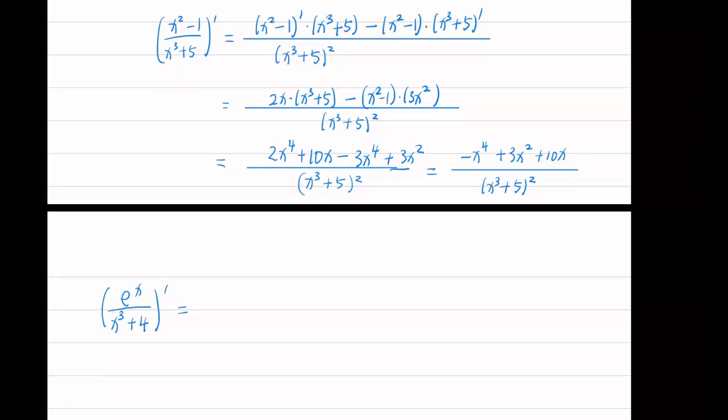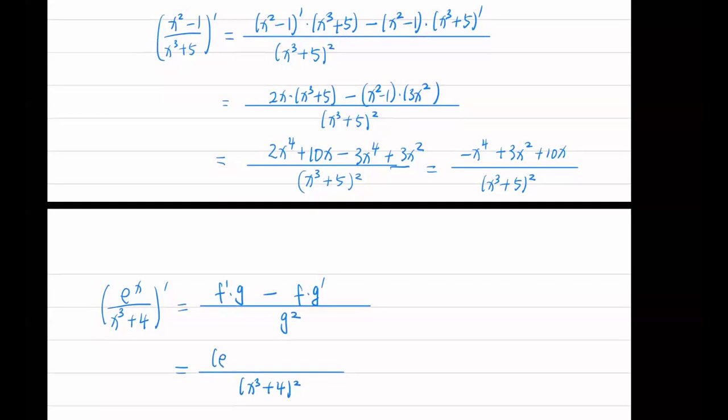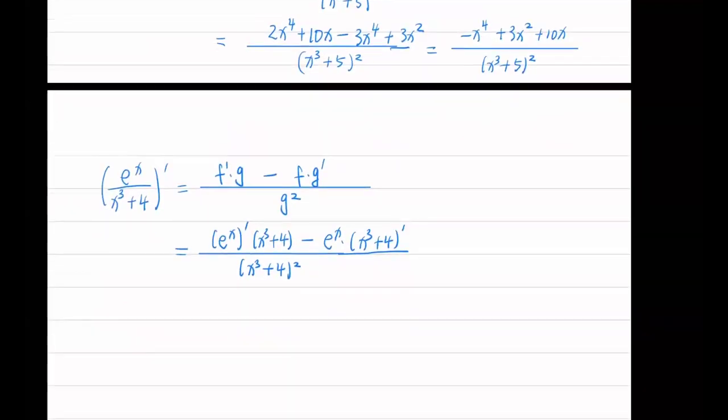Okay, so I'm going to follow the formula. The formula is g squared, f derivative g minus f g derivative. In this formula, g is x cubed plus 4. F is e to the x. Even if I know what it is, I still copy the formula.